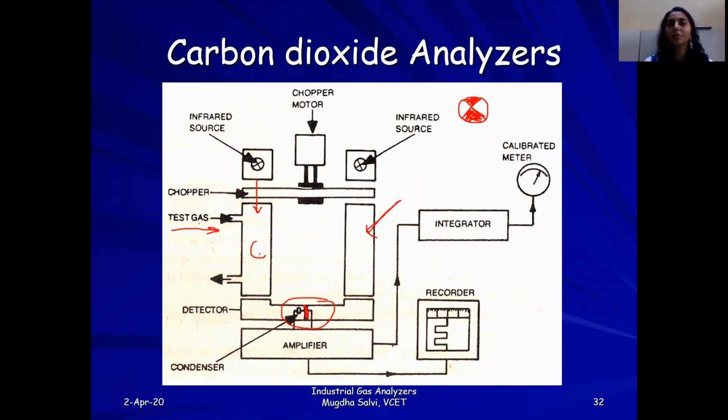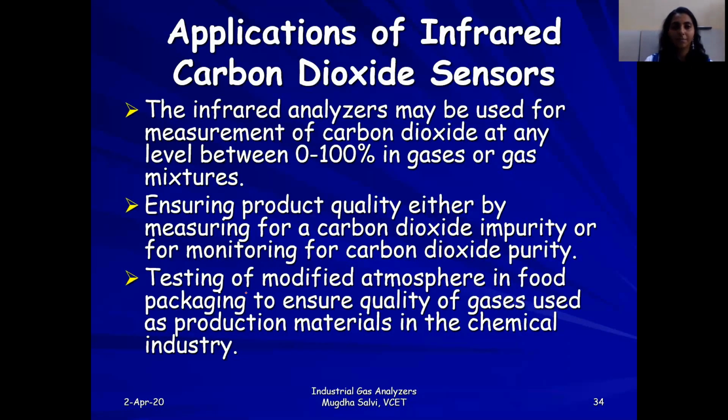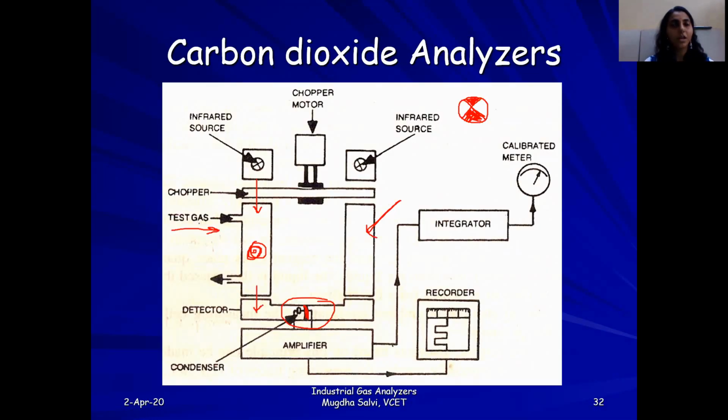When carbon dioxide enters, whatever radiations were reaching the detector will now be reduced because the radiations will be absorbed here by carbon dioxide. So the radiations reaching here will be reduced. Due to this reduction, there will be a reduction in pressure on the detector side.